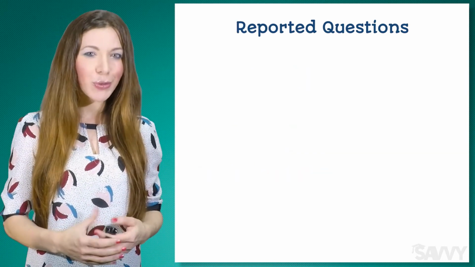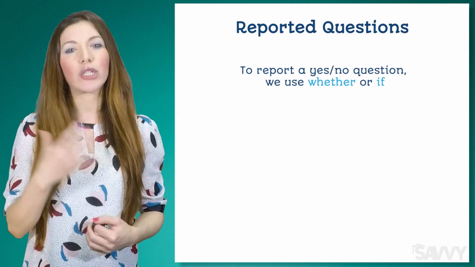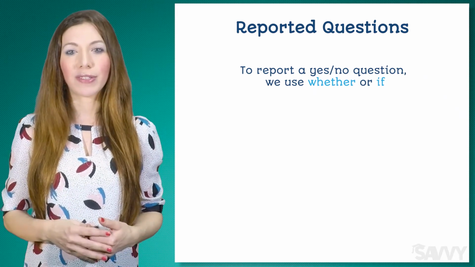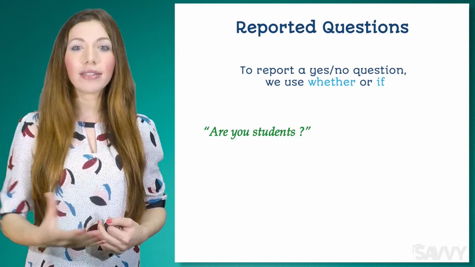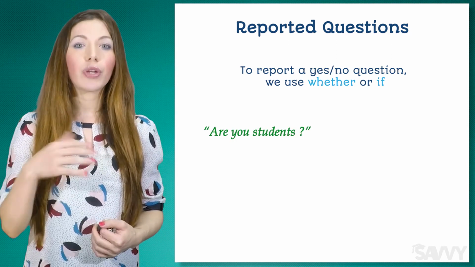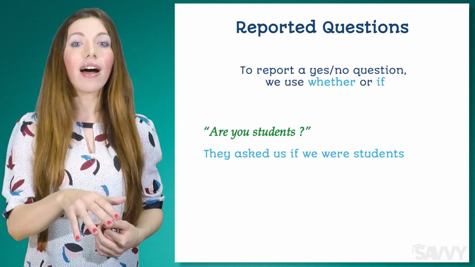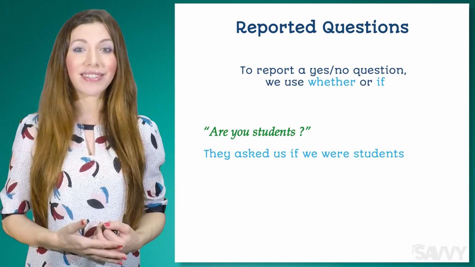Now, what about reported questions? To report a yes or no question, we use whether or if in reported speech. So, for the question, "Are you students?" we're going to report this. We would say, they asked us if we were students.